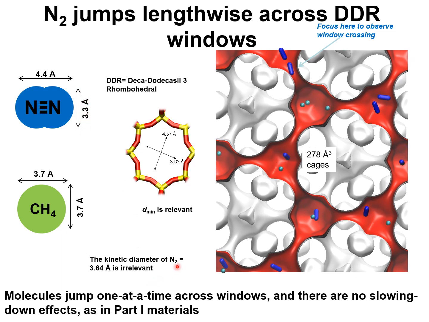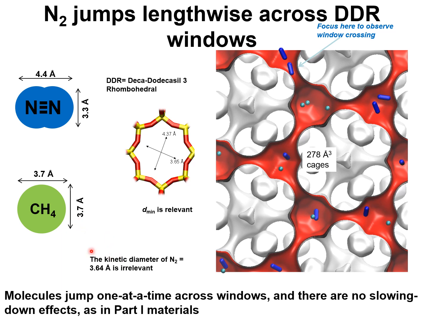The kinetic diameter of nitrogen is 3.64, but that is irrelevant. Just as in the case of CO2, the relevant dimension for nitrogen is the cross-sectional dimension, and the diffusivity of nitrogen is significantly higher than the diffusivity of methane because of these differences in dimensions, 3.3 against 3.7.